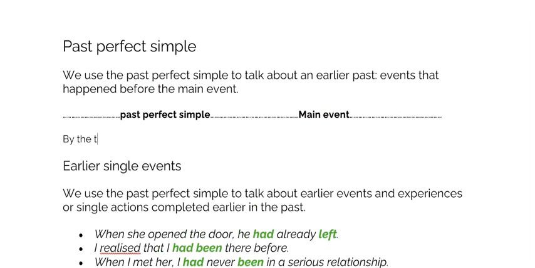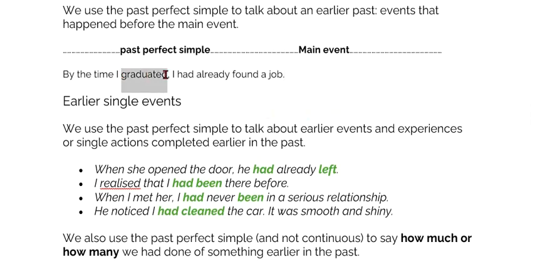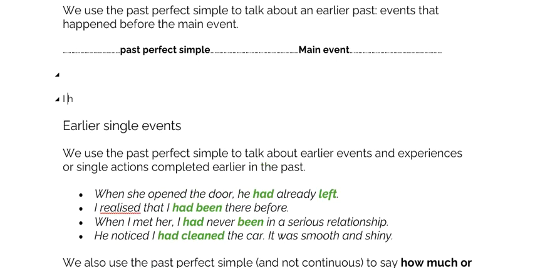By the time I graduated, comma, I had already found a job. You see? So I graduated is the main event. So let me just switch the clauses. It is more clear if I use the main clause first.